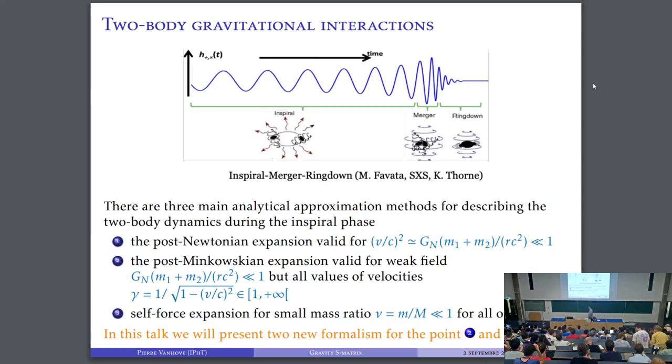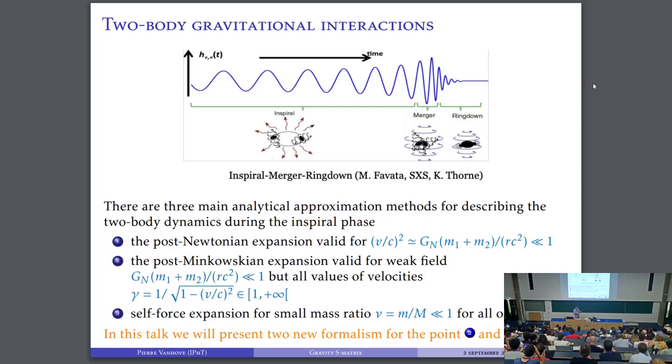The upshot is that there has been huge progress in the understanding of the analytic structure of the inspiral phase of two bodies interacting gravitationally, with spin or without spin, using, to a large extent, the approximation of the black hole as a point particle.